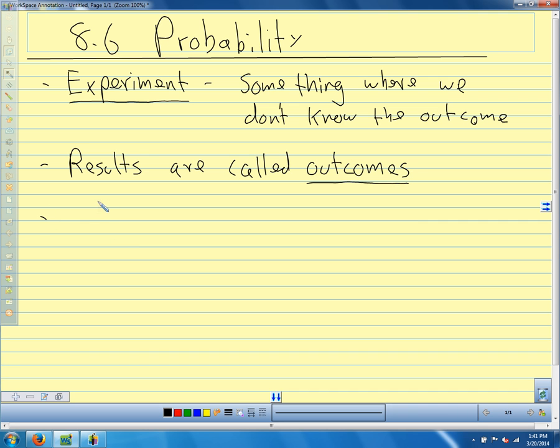The set of all possible outcomes, so everything that's possible, is called the sample space.